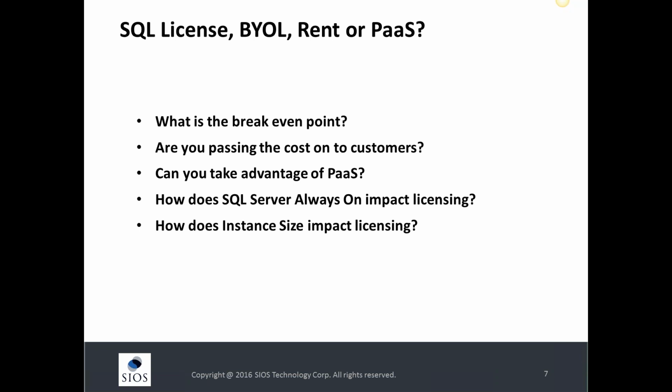There's no way for you to say, oh, this node's a passive node of a cluster, so don't charge me for that. So your cost is essentially going to double if you rent in the cloud versus bring your own license, because you can't take advantage of the free passive node in the cloud.